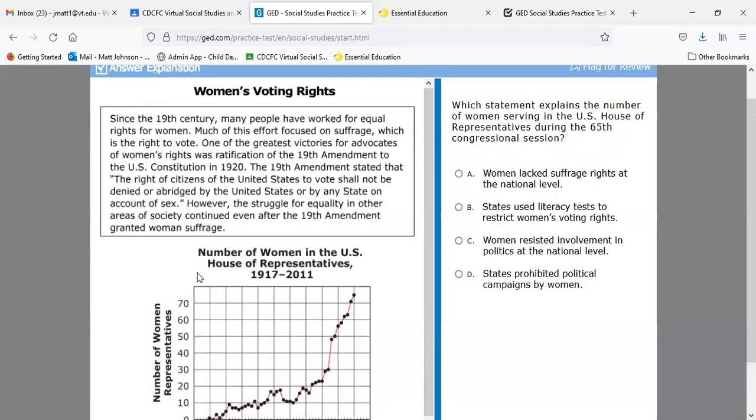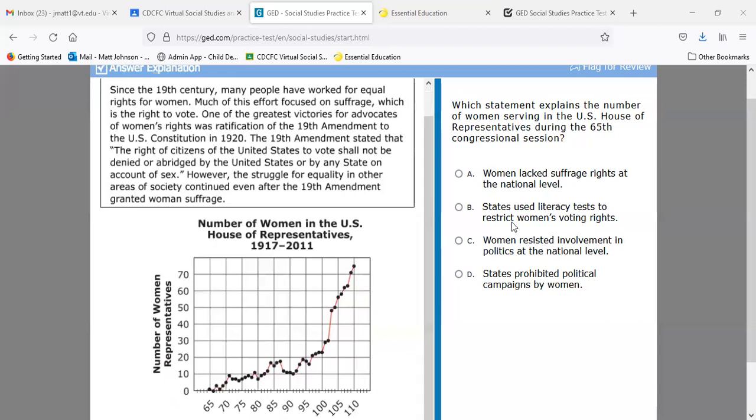Let's see, Nautica, for you, which statement explains the number of women serving in the U.S. House of Representatives during the 65th congressional session? A, women lacked suffrage rights at the national level. B, states use literacy tests to restrict women's voting rights.